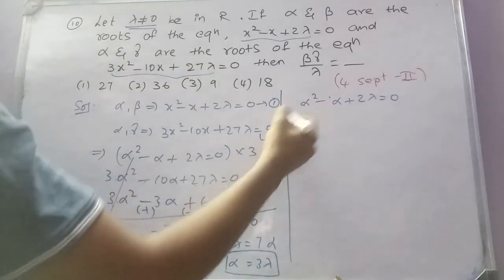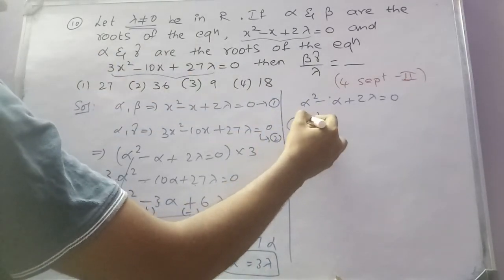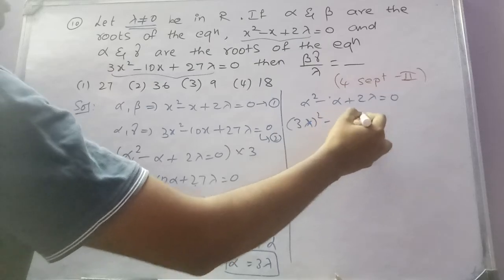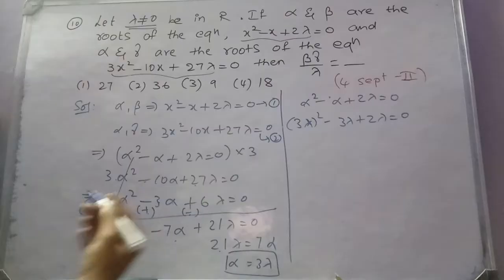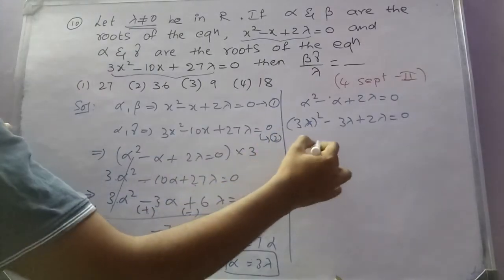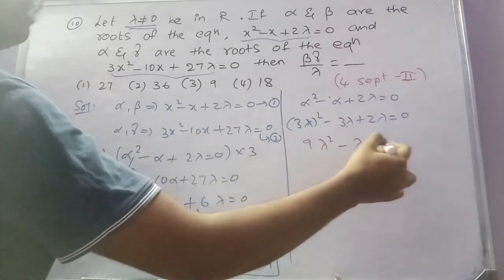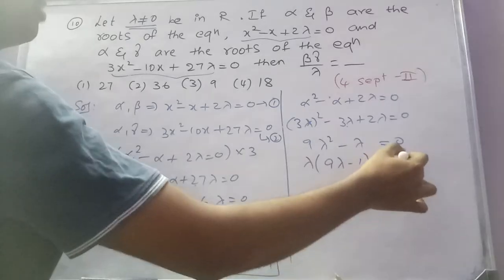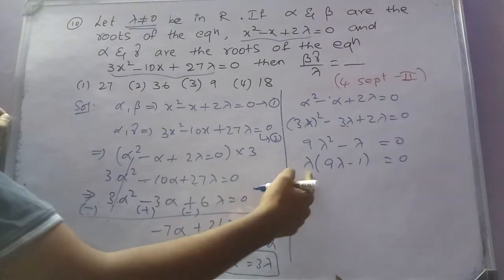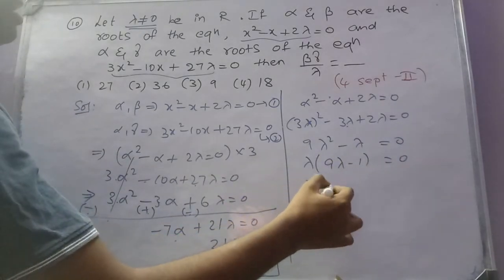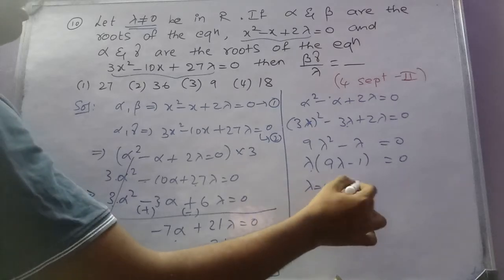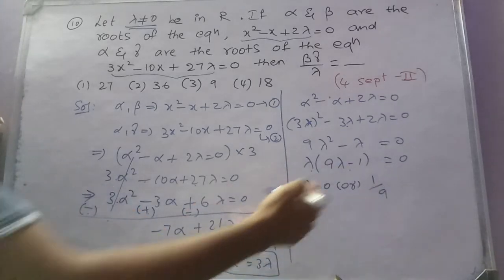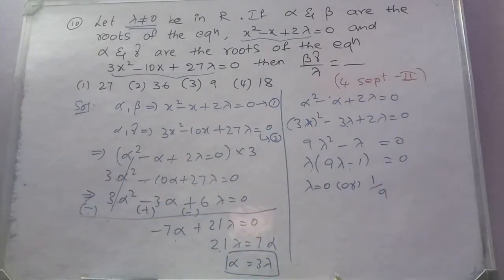So 3 lambda whole square minus 3 lambda plus 2 lambda equal to 0. We'll get 9 lambda square minus lambda equal to 0. You can take lambda common, we'll get lambda times 9 lambda minus 1 equal to 0. So lambda is equal to 0 or lambda is equal to 1 by 9.